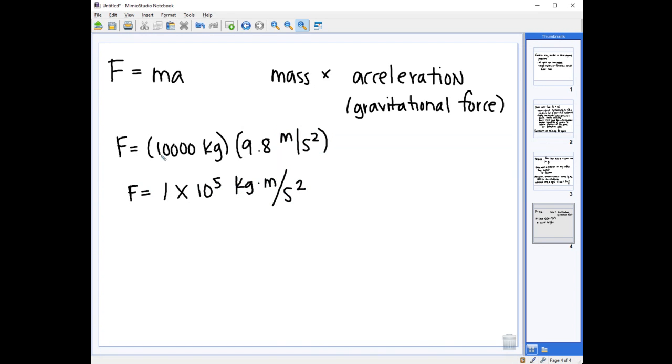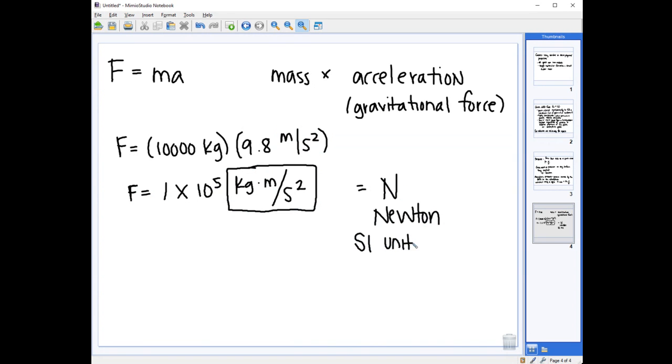Okay, so all we did is take the mass of our column of air, okay, and multiply that by our gravitational constant. And we end up with this number, 1 times 10^5 kilogram times meter per second squared. Well, this unit right here, kilogram times meter divided by second squared, is equal to the Newton, or N. Okay, and this is the SI unit for force.